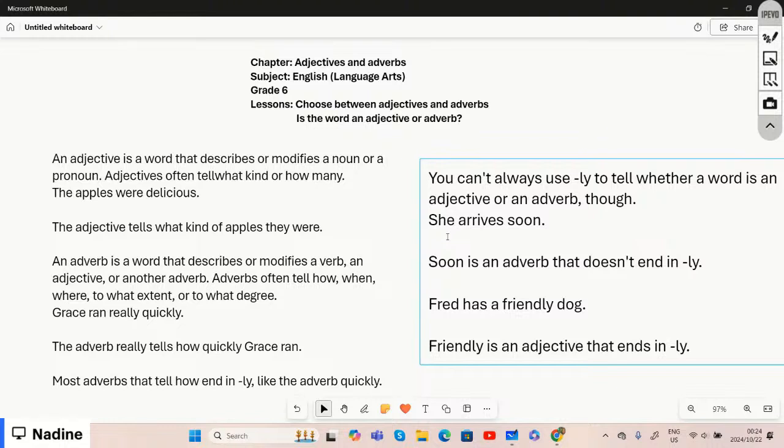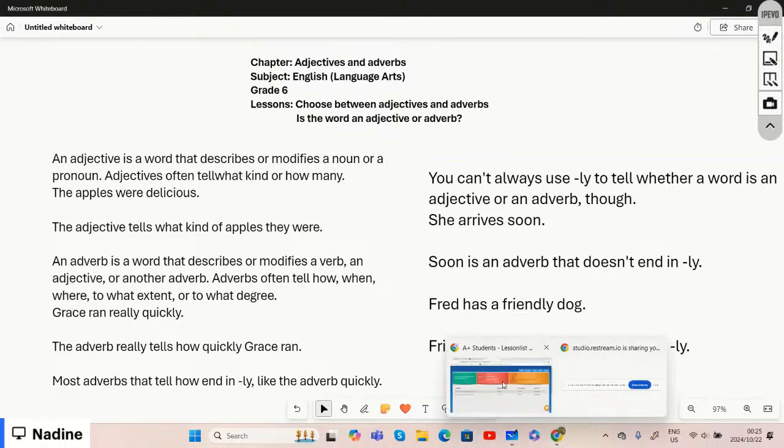So adverbs basically tell us how something is happening, when it is happening, where it's taking place, to what extent or to what degree. Whereas adjectives tell us what kind or how many.